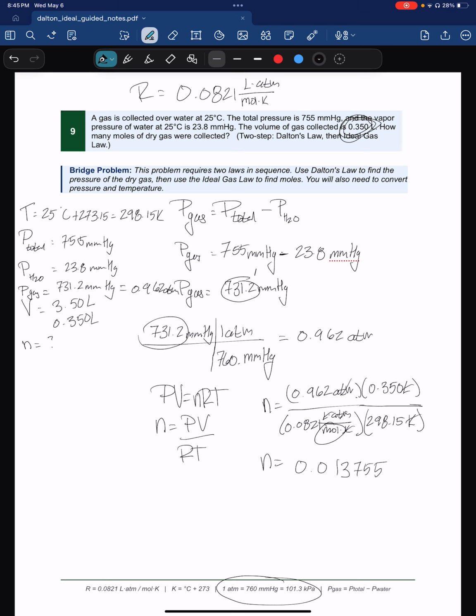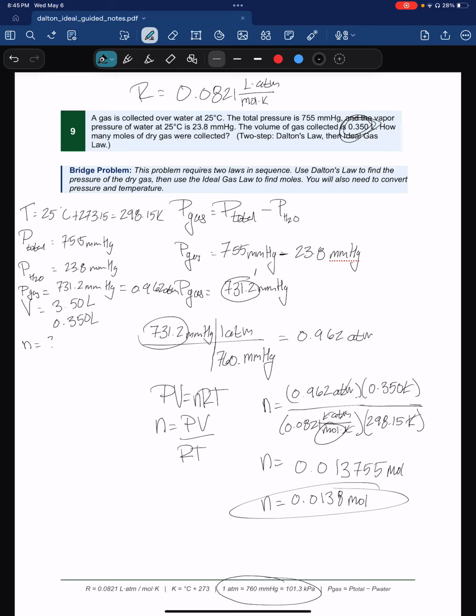We're left with moles. And we'll take significant figures. Of course, there are 3 sig figs, so 0.0138 moles. Nice. Wow, that was a pretty complicated problem.